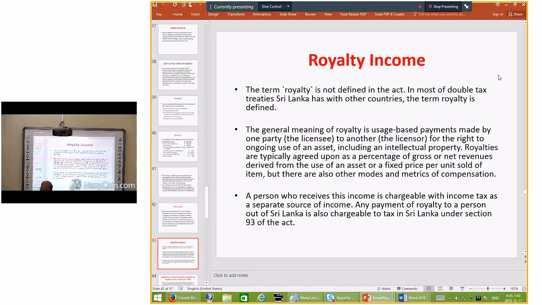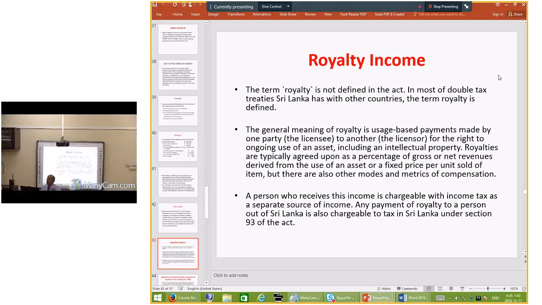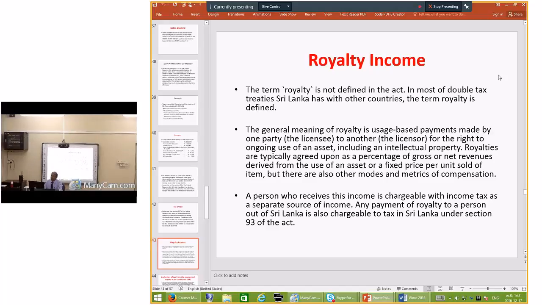But in the case of interest, as we said, no deductions are allowed. Likewise, for royalty income, no deductions are allowed. The amount is charged when we compute the taxable income of the individual.